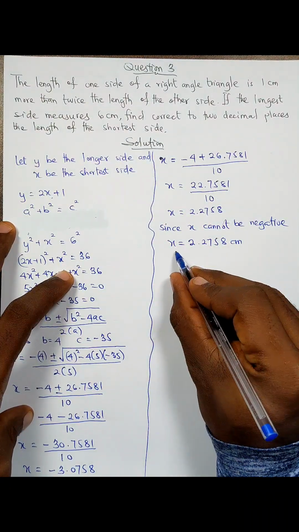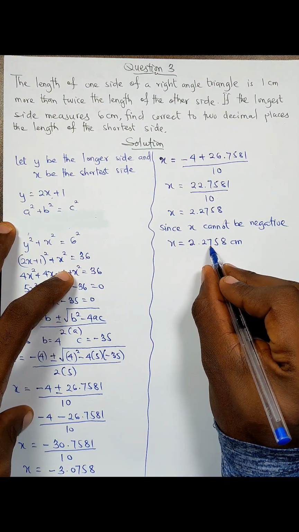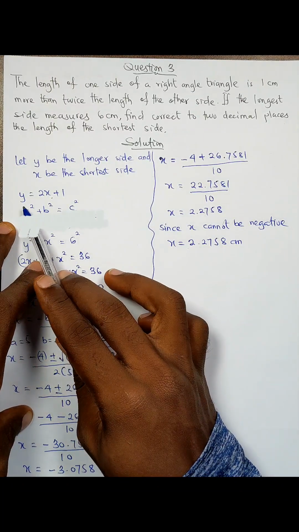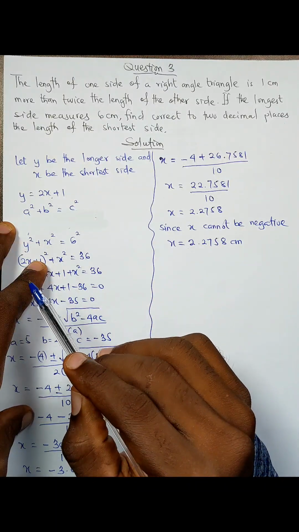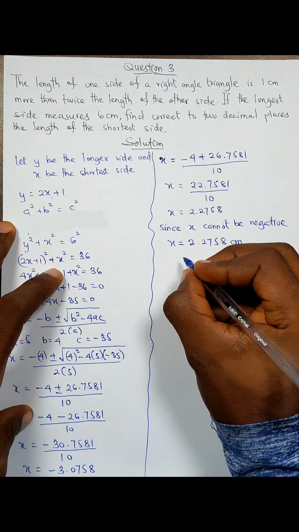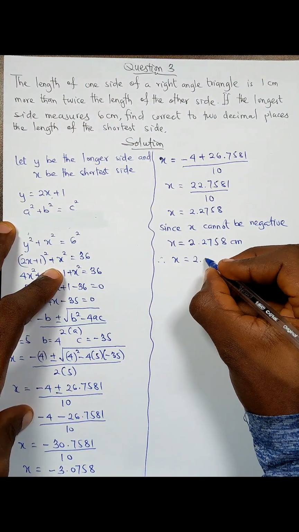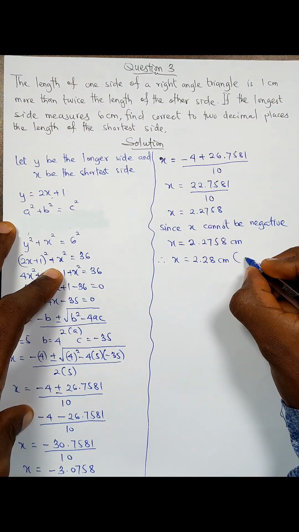Okay, so now this is x giving us 2.2758, and we know for x to be the shortest side, therefore x is equal to 2.28 centimeters.